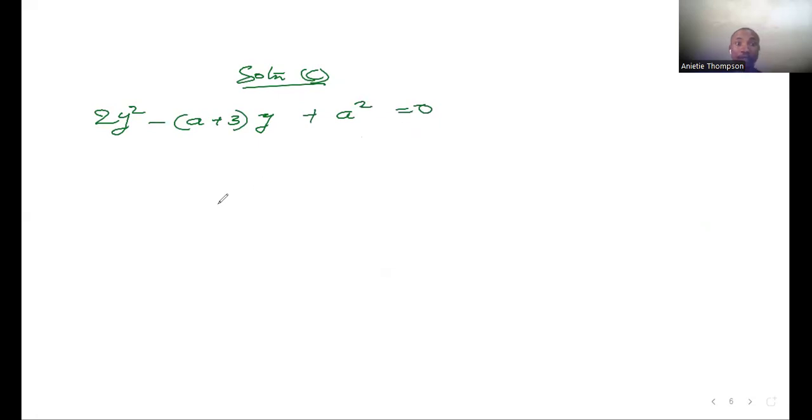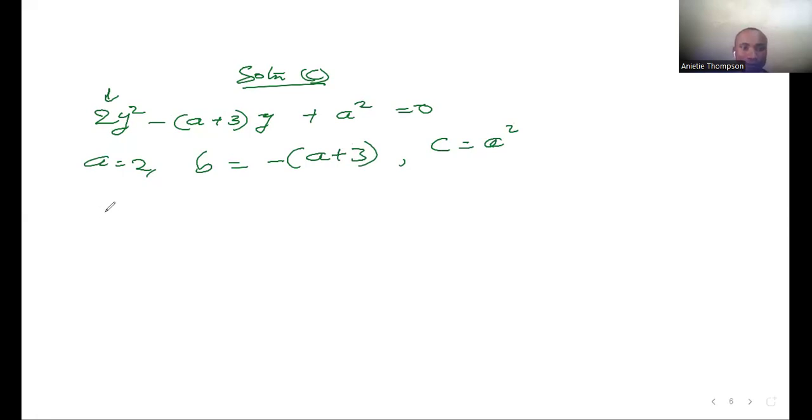A lot of students love to stay away from problems because we have some terms that are not numbers. I want to tell you that you should take it exactly as if you are dealing with ordinary numbers. So in this case, A equals 2, that is the coefficient here. Then B equals minus bracket a plus 3, because that's what is attached to y here. And then C equals a squared.